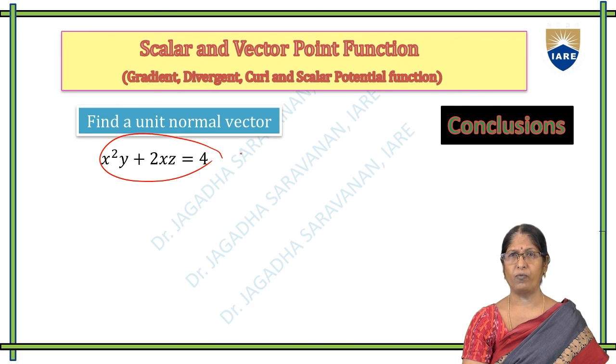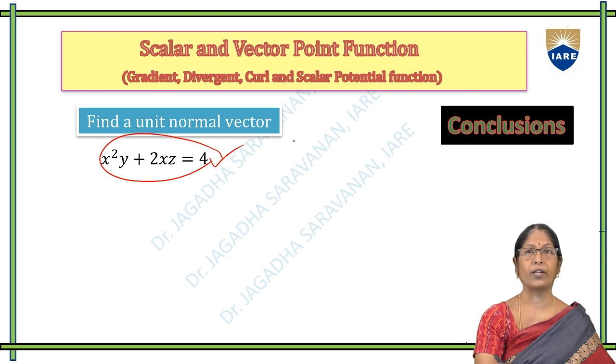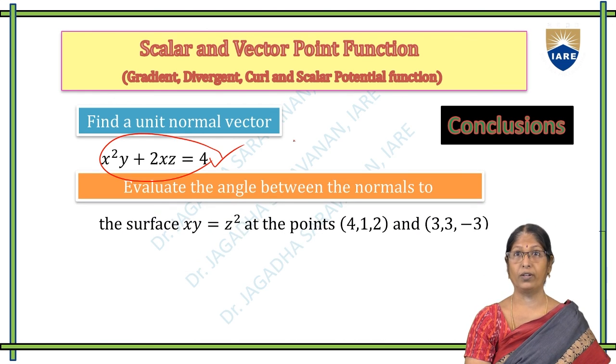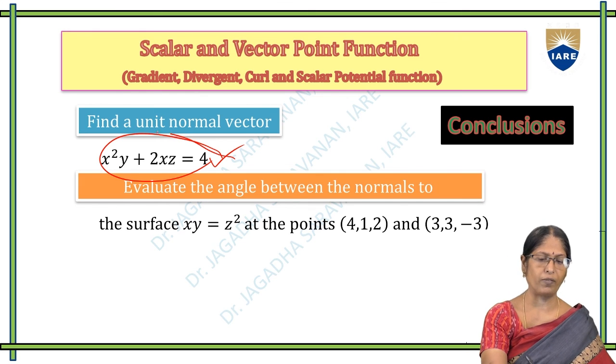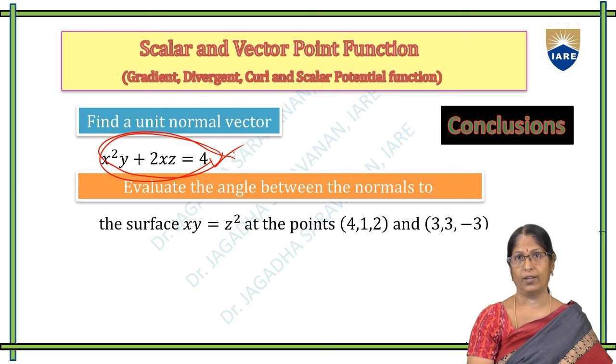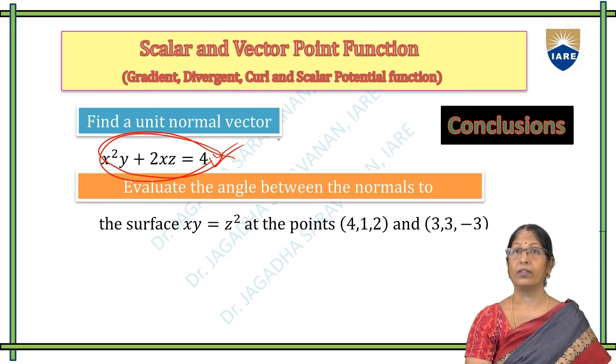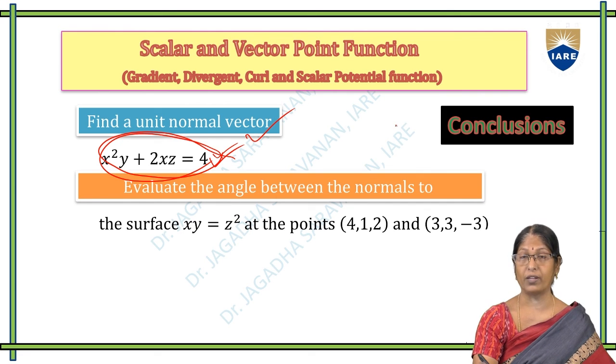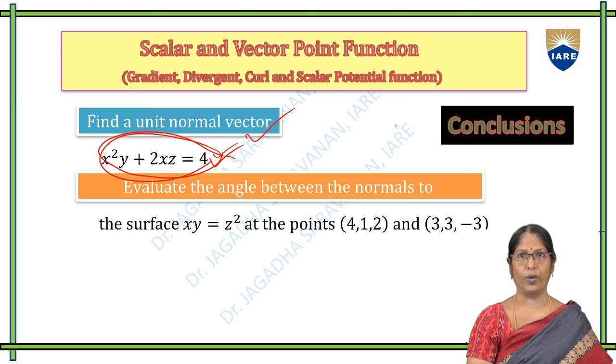For the normal vector, first we found the gradient of this particular function. To convert it into a unit normal vector, we take the given vector, that is the gradient, divided by the modulus of that vector. What we find is the unit normal vector.